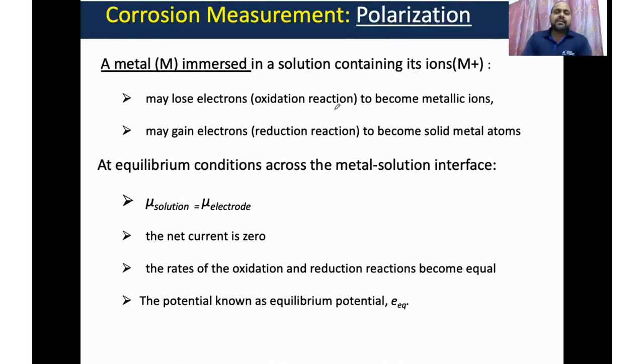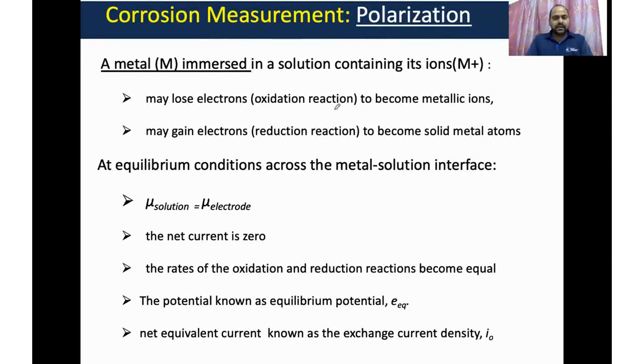If we apply a very small current across the electrode, it creates a potential across the electrode, right? Due to the application of external additional current, we create a polarization. Earlier it was equal, now it has become polarized. So anode and cathode are not at the same potential, and that is known as electrochemical polarization.